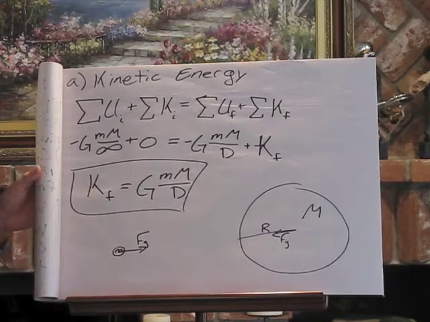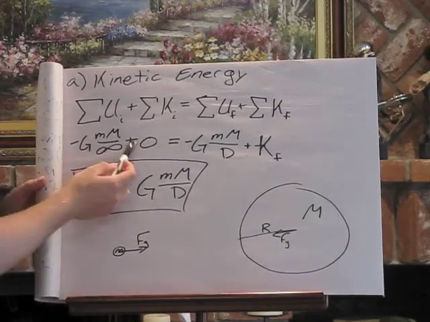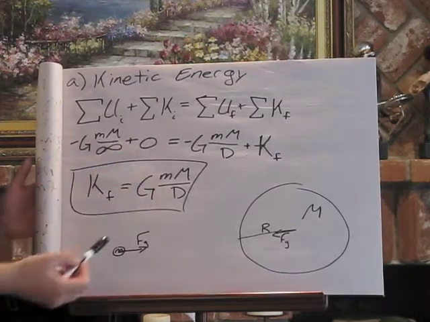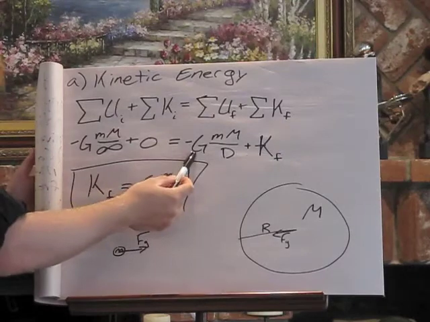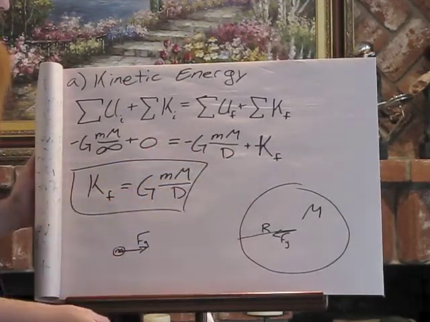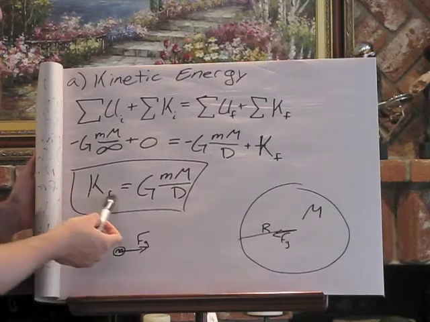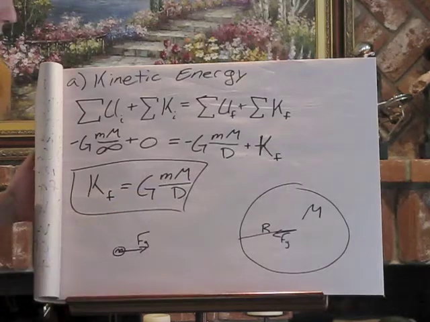However, the distance is infinity. So anything divided by infinity is 0. Plus initial kinetic, well, it isn't moving to begin with, equals final potential, and remember it's negative, plus the kinetic energy. Solving for kinetic energy, we get that it is equal to G times the little mass times the big mass divided by d.